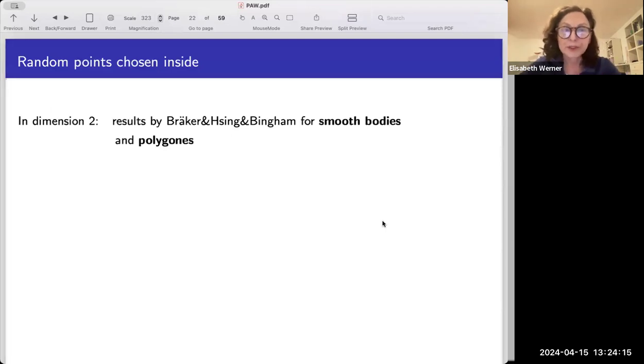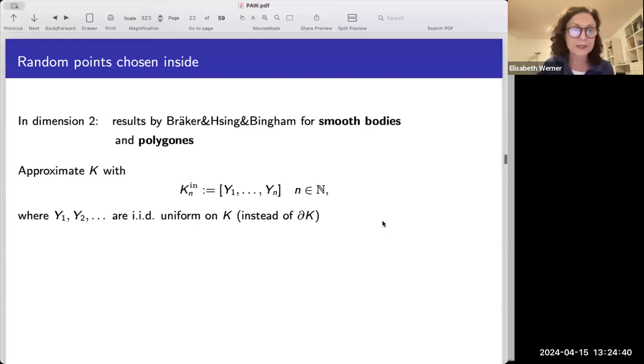So, random points chosen inside K, and we look at the Hausdorff distance. In dimension 2, there are results by Brunel, Hsing, and Bingham, for smooth bodies and for polygons, the two regimes we are looking at.